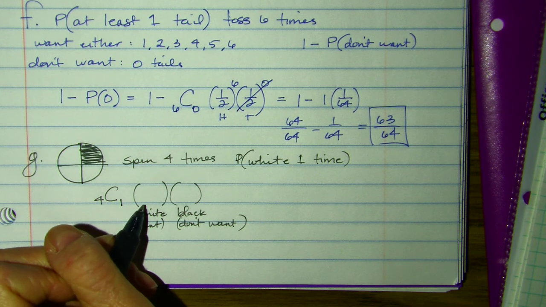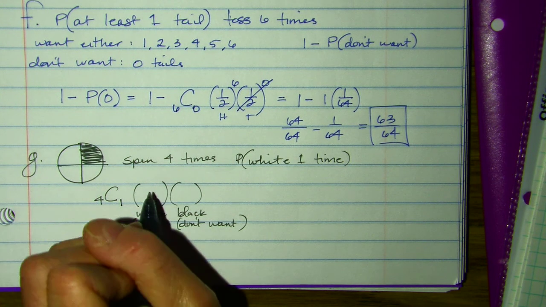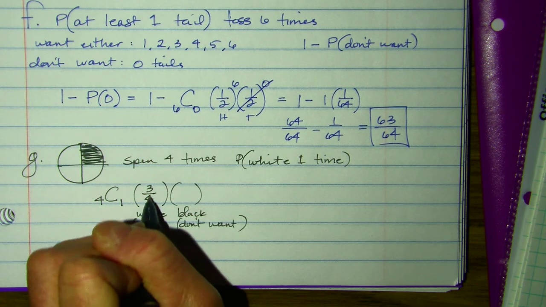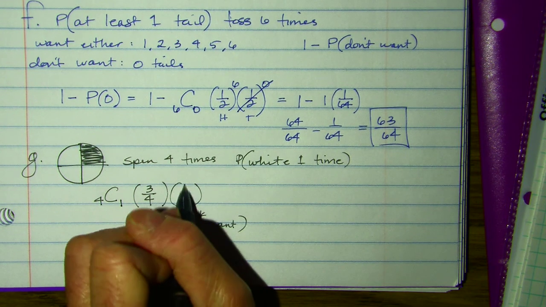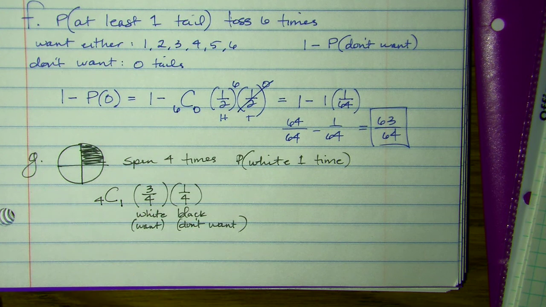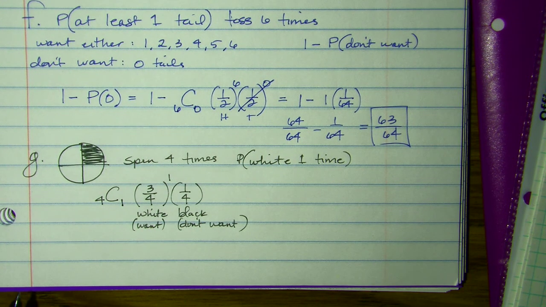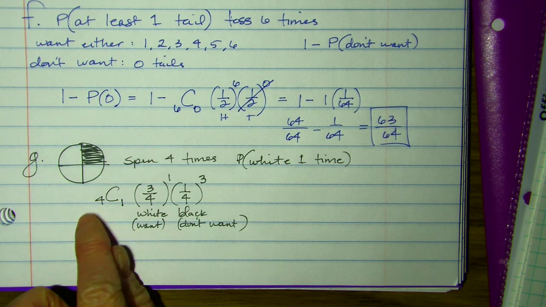So the probability of getting white: there are how many white sections? There are 3 out of 1, 2, 3, 4. The probability of landing on black is 1 out of 4. Now, I want to get white 1 time, which would mean that this would be 3, because 1 plus 3 is 4.